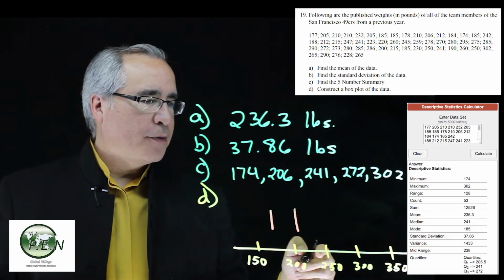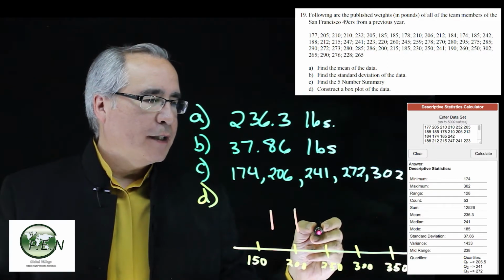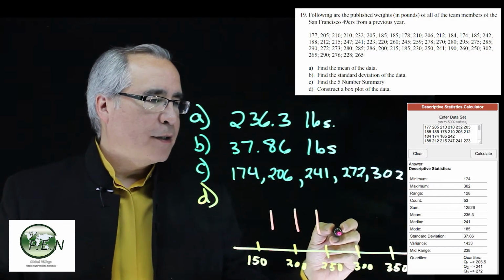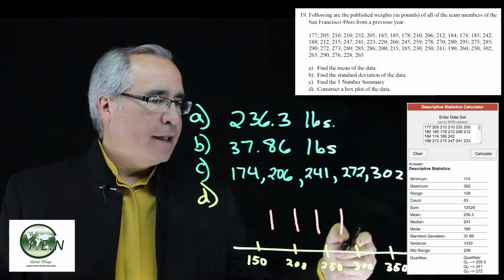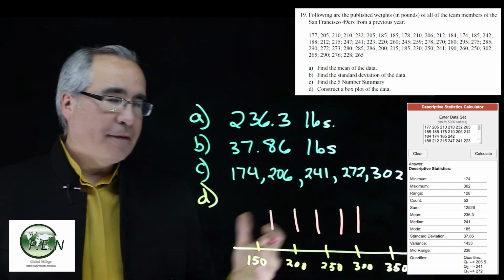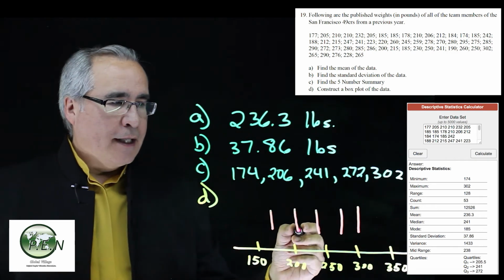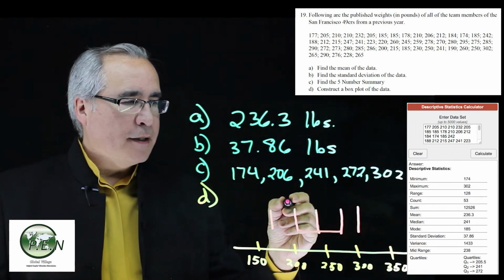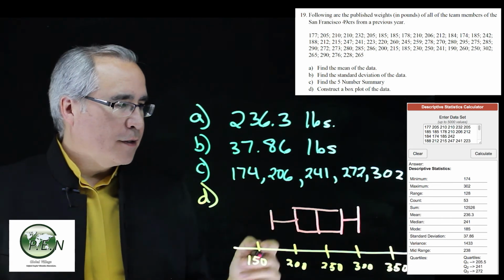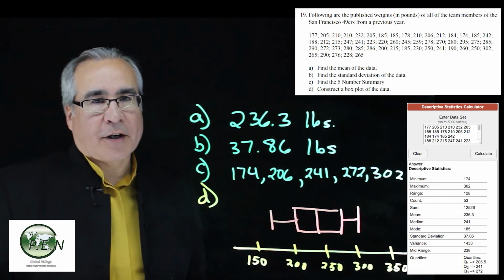It's an estimate. 241 is slightly less than 250, so we'll put a line there. 272 is somewhere in the middle here. And then 302 would be just the other side of 300. So that's our 5 numbers listed. And then again, we just make a box in the middle of the middle 3, connect these with the whiskers, and then there's our box plot.